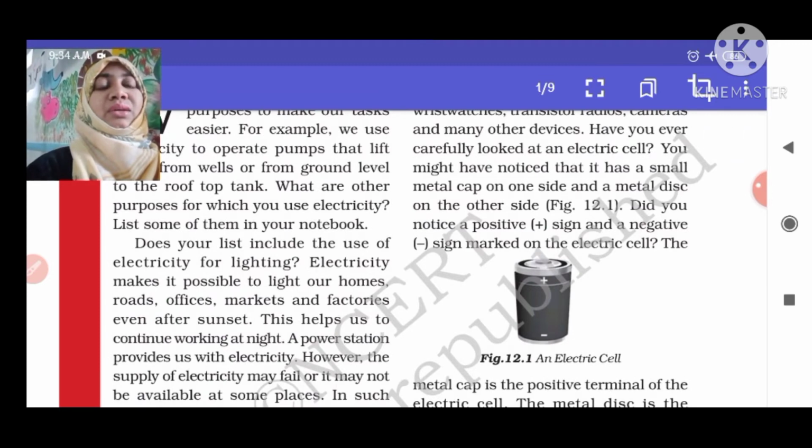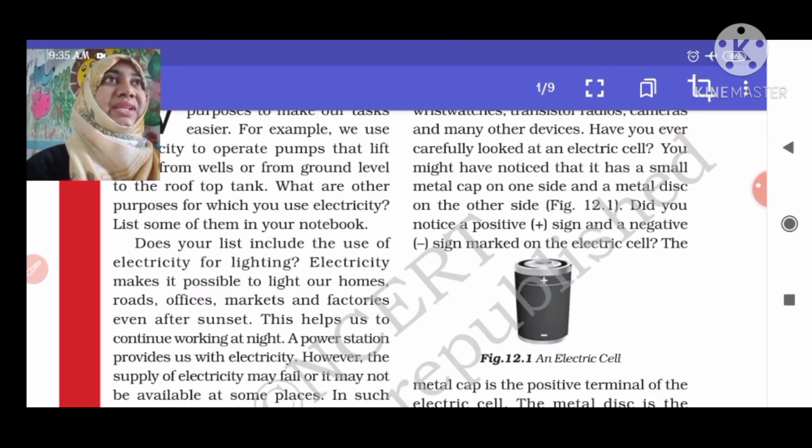Now what are the other purposes for which you use electricity? The question is asked for you. What are the other works for which we use electricity? The best examples: ironing, filling the water. In the kitchen we have so many electrical appliances, even electric stoves.